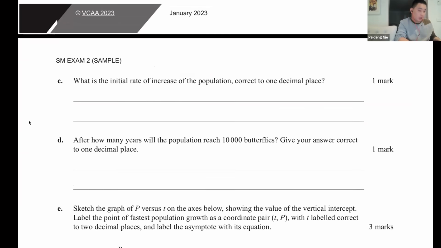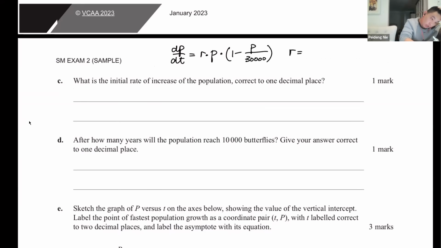Okay, next part. What is the initial rate of increase of the population correct to 1 decimal place? So the rate of change is actually given by dP/dt equals R times P times 1 minus P over 30,000. Notice that R equals 0.1400, blah, blah, blah.